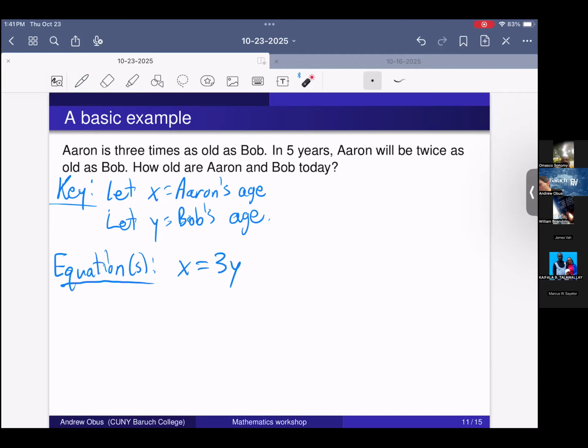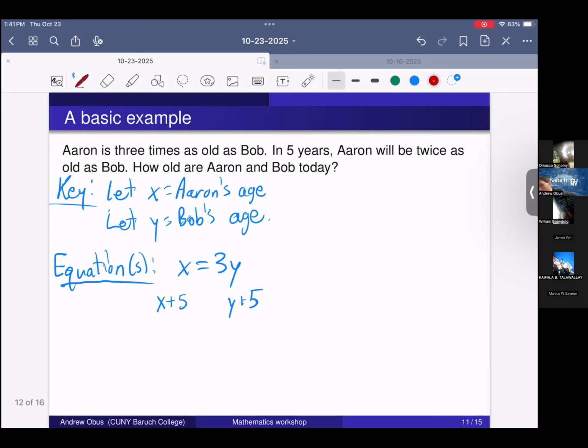And then another equation, I have that in 5 years, Aaron will be twice as old as Bob. So what does that mean? So in 5 years, what's Aaron's age? Well, Aaron's age in 5 years is x plus 5. Bob's age in 5 years is y plus 5.